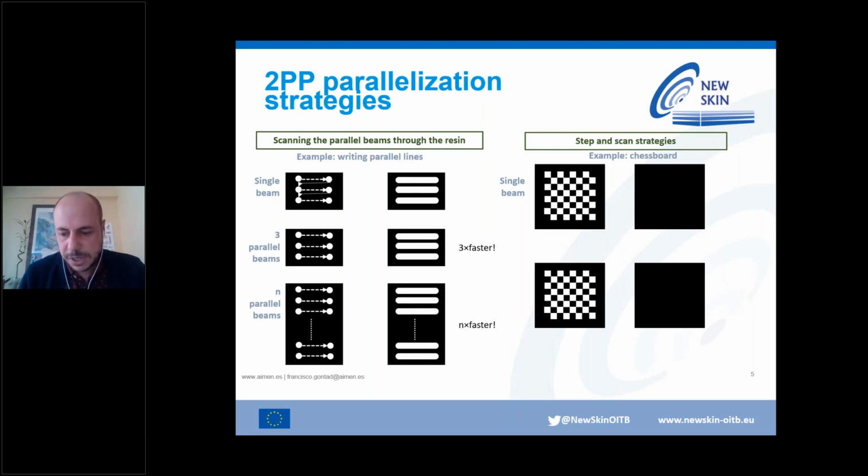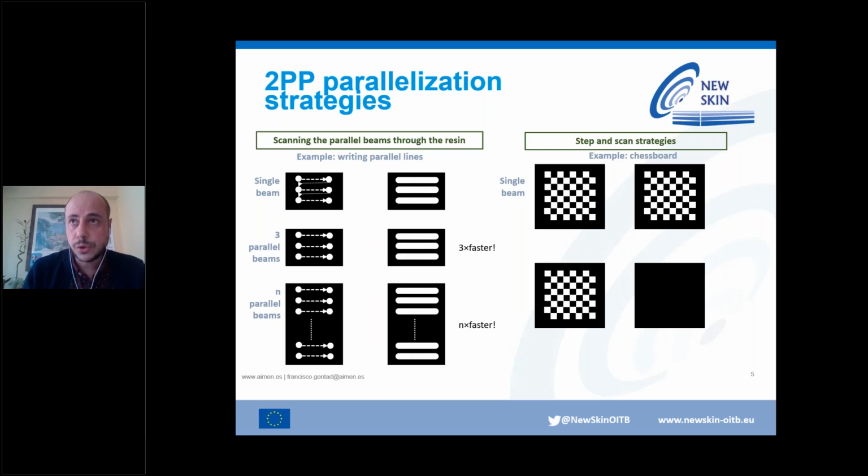If you want to fabricate a pattern which has a certain symmetry inside its own structure, you can either do it as before with a single beam, scanning the laser beam through your resist and switching the laser on and off in order to produce the pattern that you want.